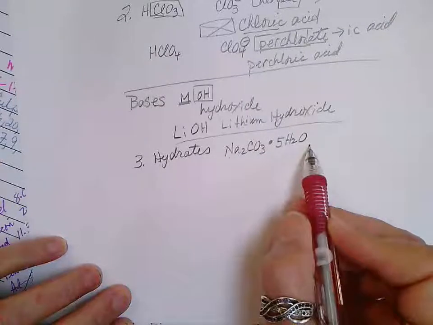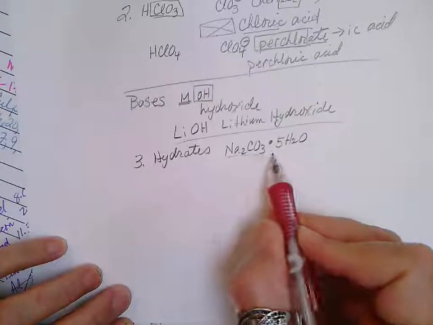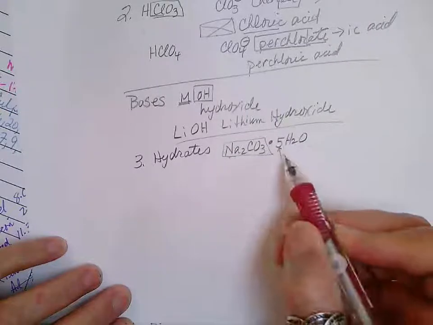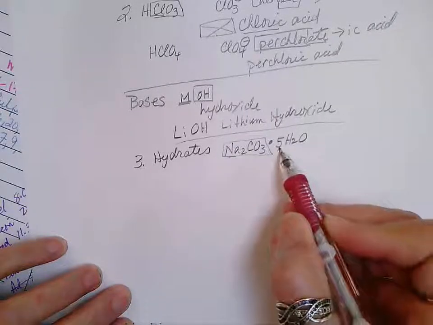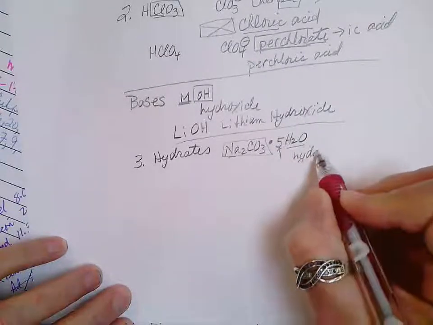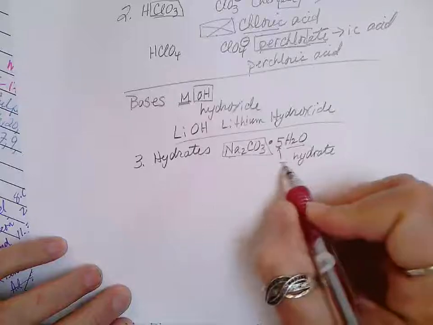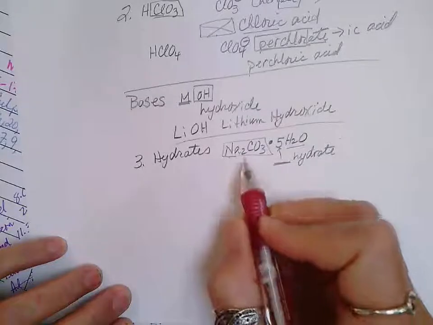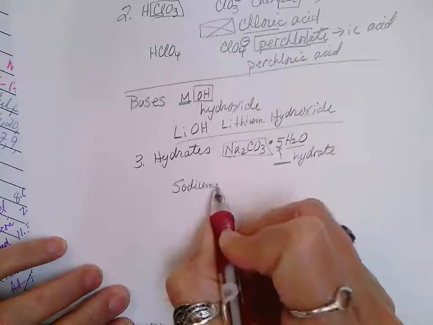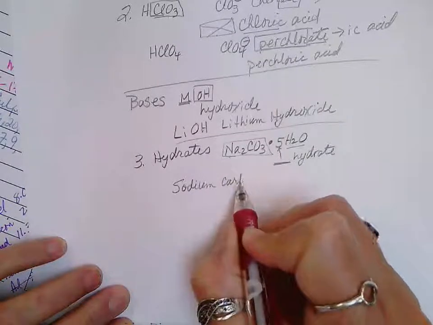So for this compound, I'm going to name this name, and then I'm going to use a prefix, just like we use with the nonmetals here, and then this word is going to be hydrate, but it'll have a prefix. So this is sodium carbonate.